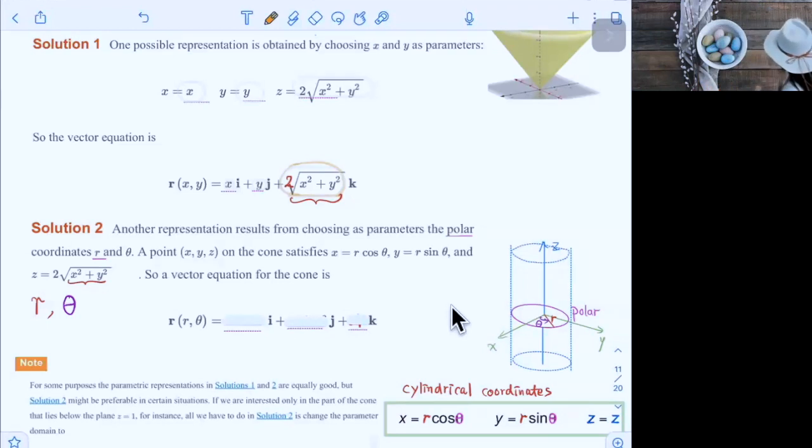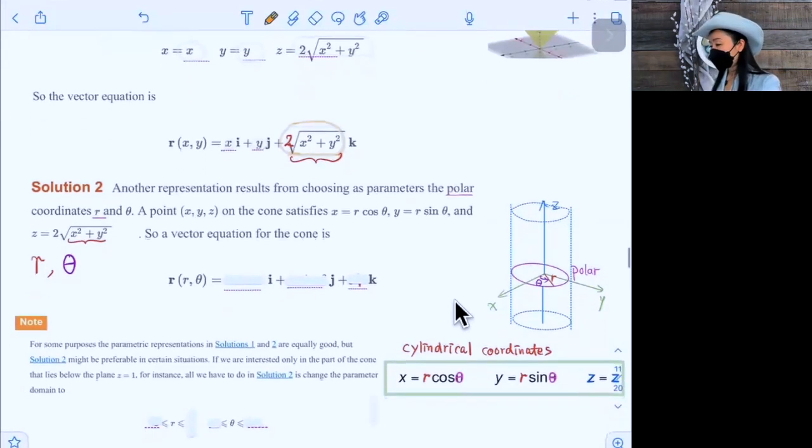Instead of letting this be x and this be y, we can pick the parameters here. Maybe we can let that be r and this be theta. So when we pick u and v, we can pick r and theta as the two parameters.